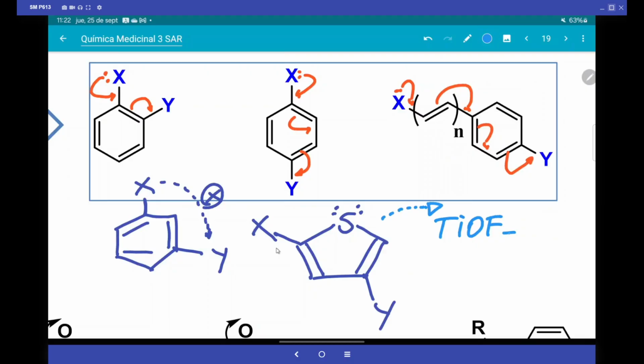A resonance effect can only be generated in this case in an ortho position and a para position in an aromatic ring of benzene.